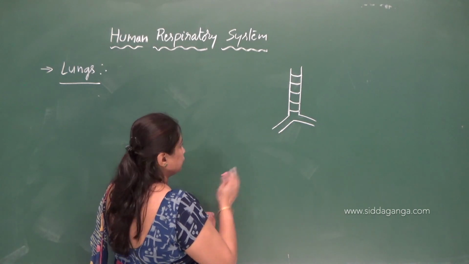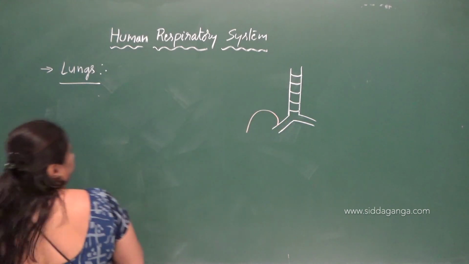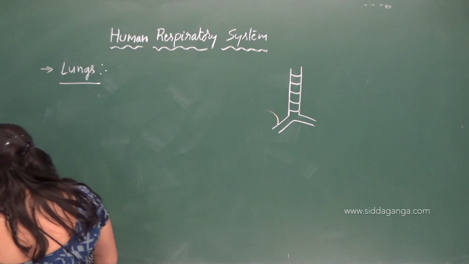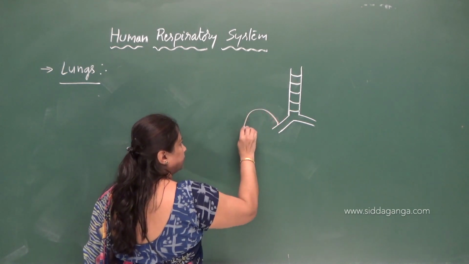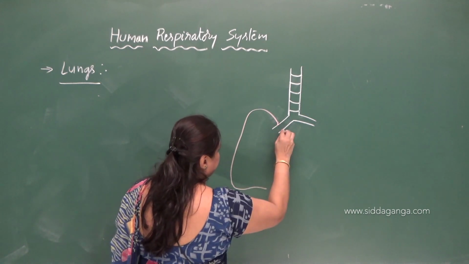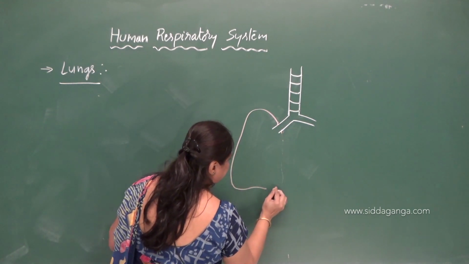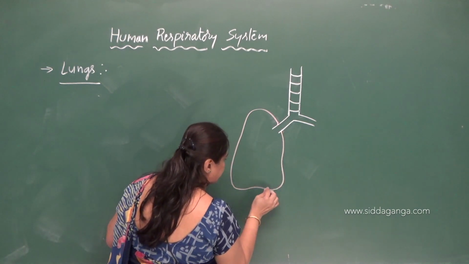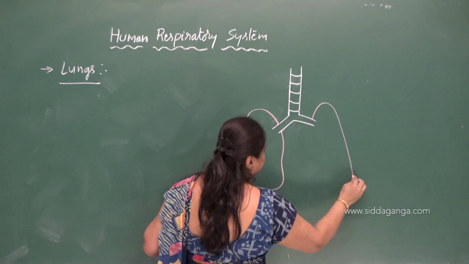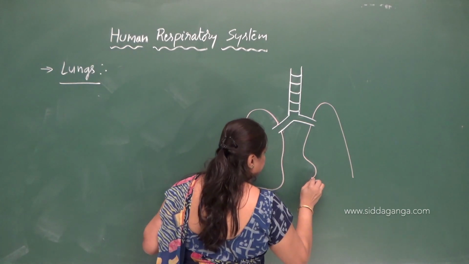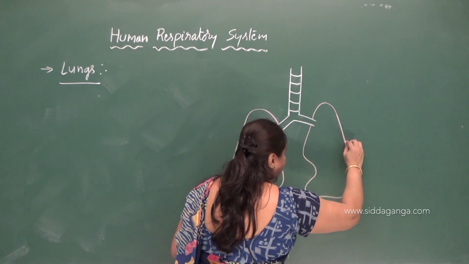Okay. Here come two lungs. This is the right lung, and this is the left lung.